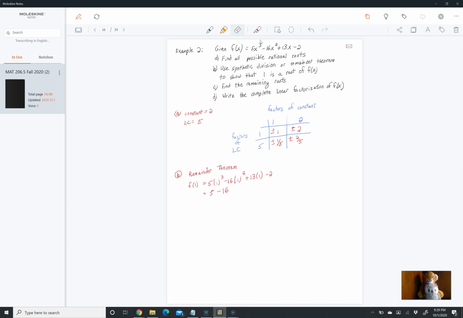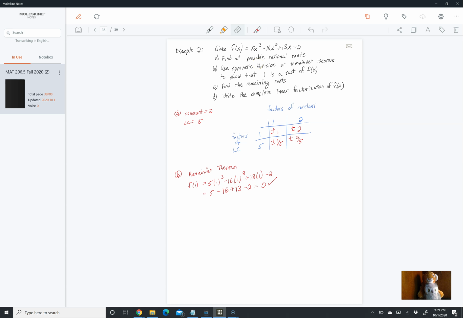Then we have plus 13 minus 2. And 5 minus 16 is negative 11. Plus 13 is positive 2. Subtract 2 from that, and you get 0. So yes, this is a root. So yeah, we did what we needed to do.